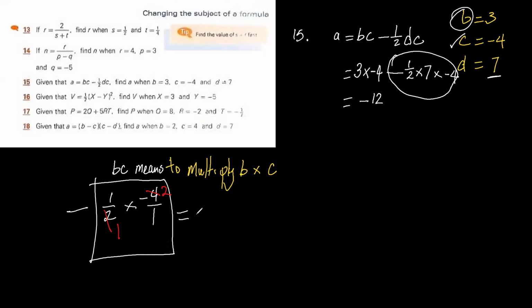Right. So you have -2 times 7, which is -14. So let's write that: -2 times 7. I'm only doing this part. -14. Correct.